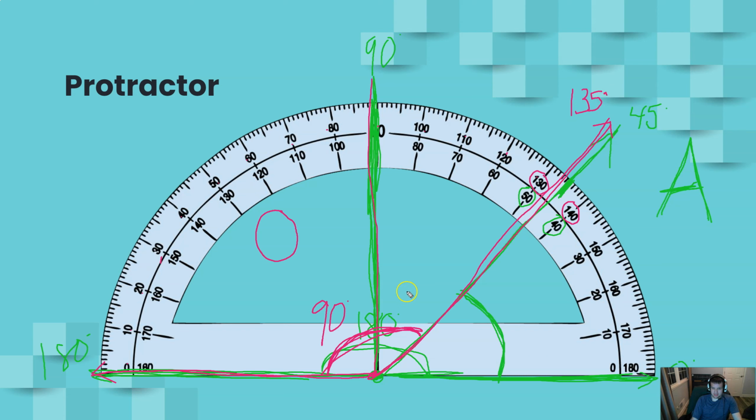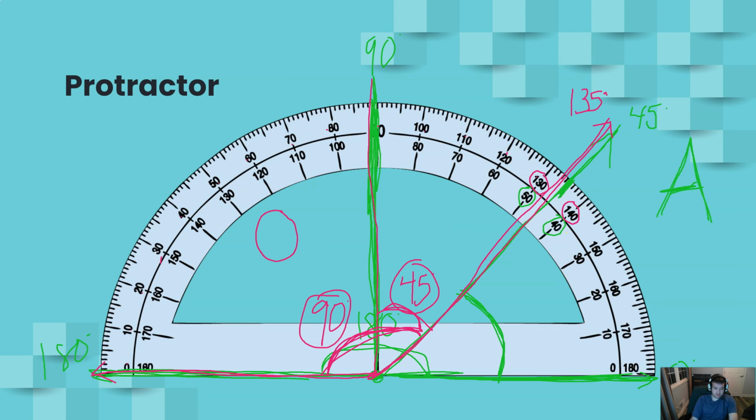Which should make sense because we're adding that 45 degrees from here to here with the 90 degrees that's there as well. 90 plus 45 is 135, right? So, depending on if you're looking at an obtuse angle, you're looking at the bigger numbers. If you're looking at an acute angle, it's the smaller set of numbers.